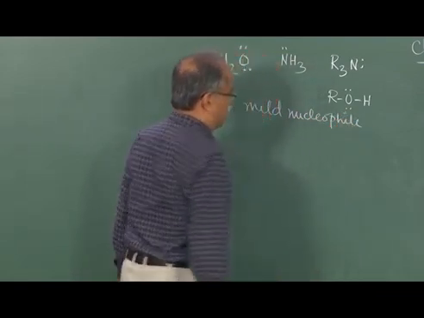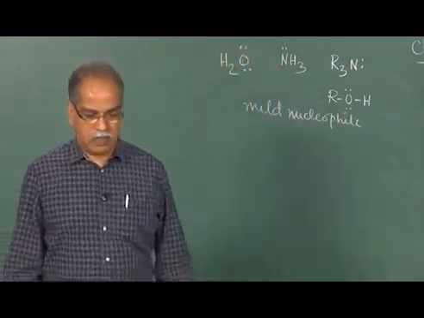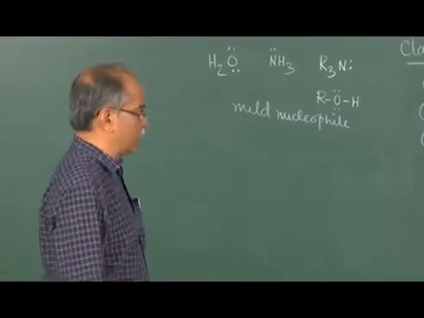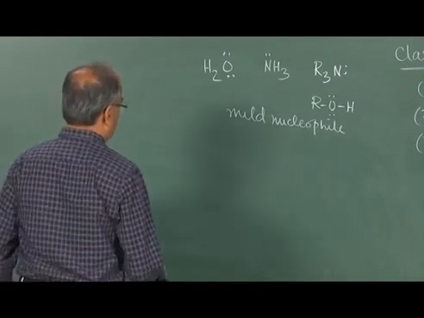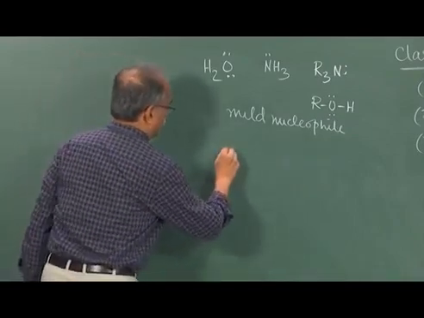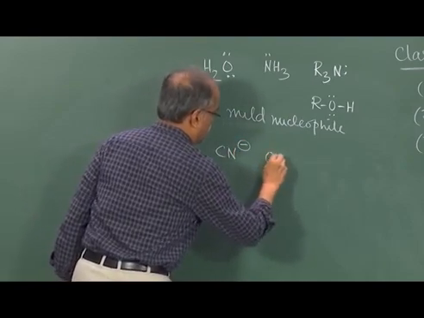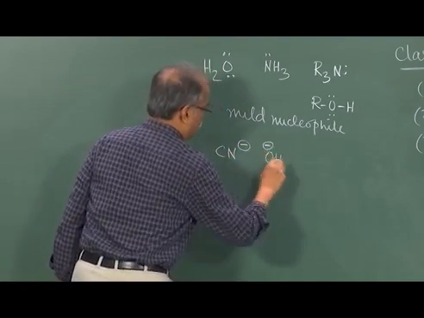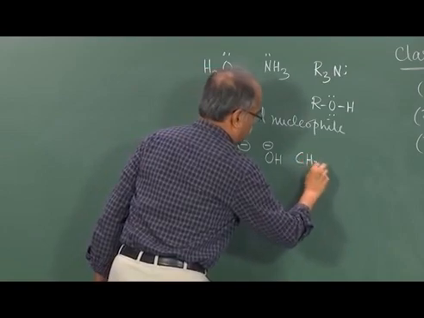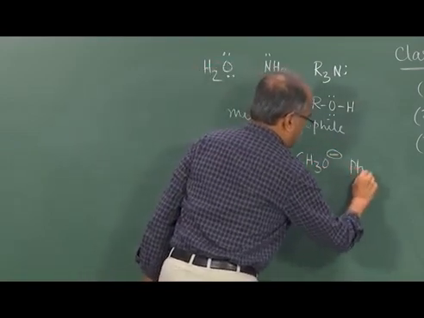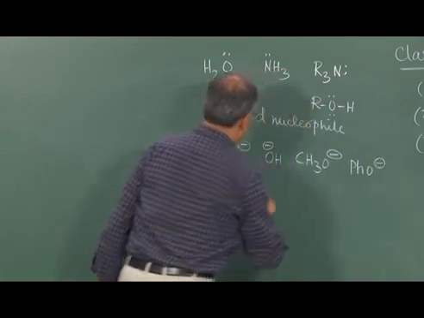because if the nucleophile is not only electron rich but also possesses an anionic charge, then you would call them strong nucleophiles. Strong nucleophiles are, for example, cyanide ion, hydroxide ion, alkoxide ion, phenoxide ion, azide ion.